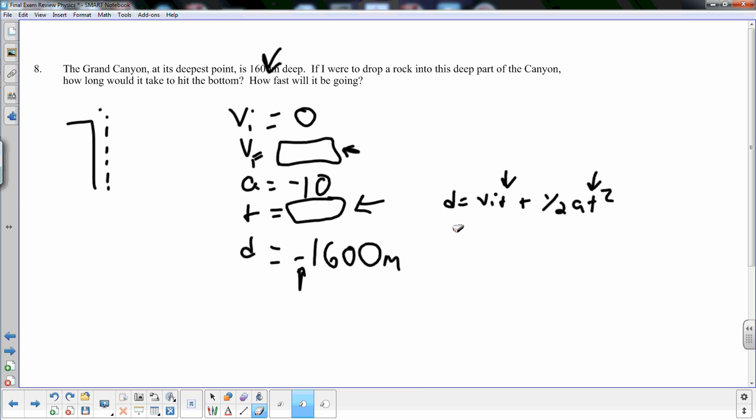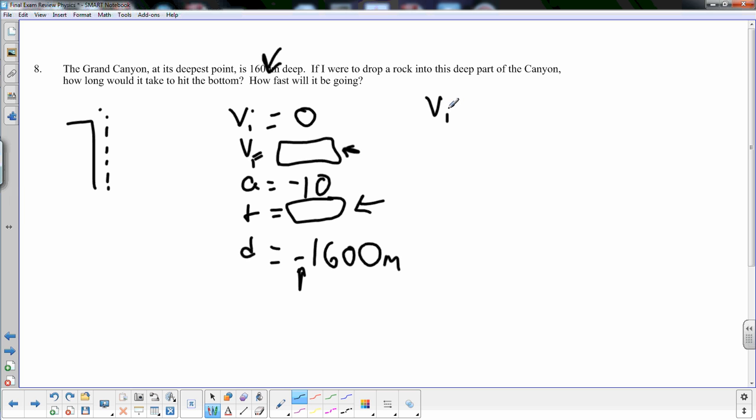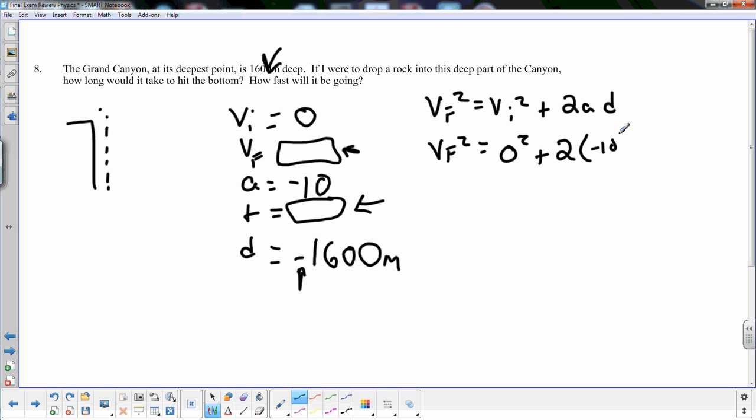So what we will do is VF squared equals VI squared plus 2AD. Our final velocity is what we're looking for. VI is 0, that couldn't be easier, plus 2 times -10 times 1,600. Zeros always look like 2's, apologize for that.